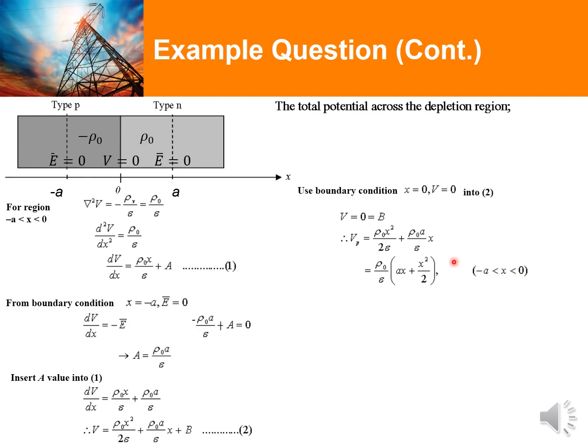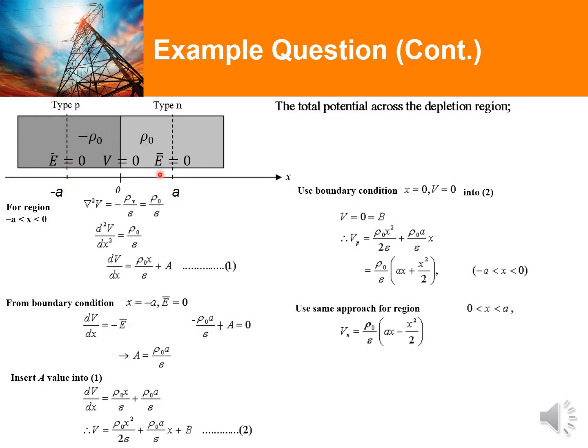When solving for the region where x is between 0 and a, we would get the potential for the type N part of the transistor equivalent to rho naught divided by epsilon in brackets, a x minus x squared divided by 2. Now that we have obtained the potential at the type N and type P parts of the transistor, we can get the potential across the depletion region, which is across x equivalent to negative a and a.